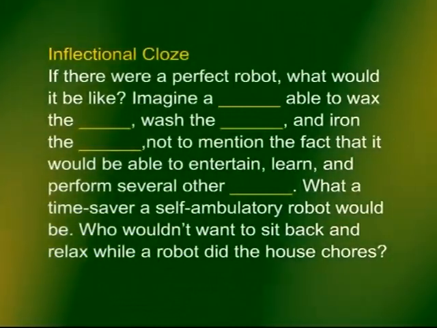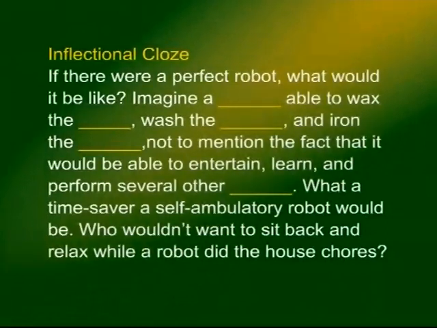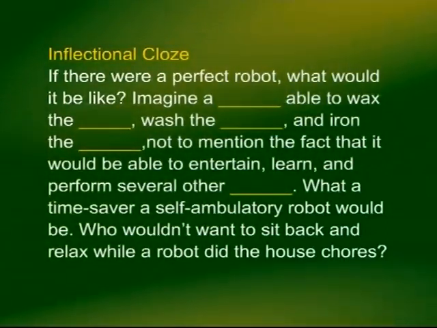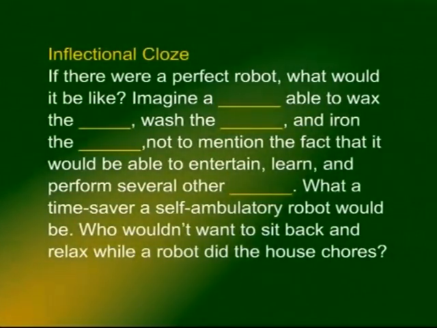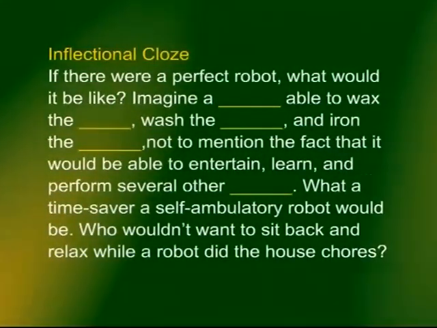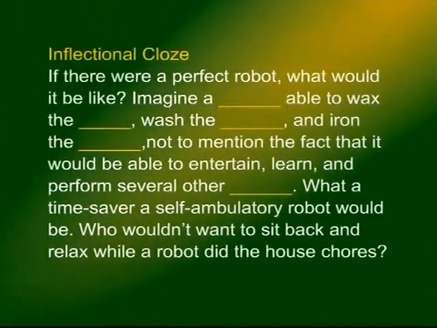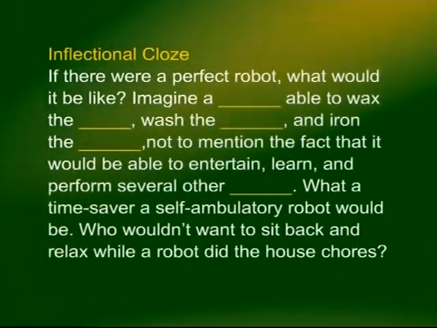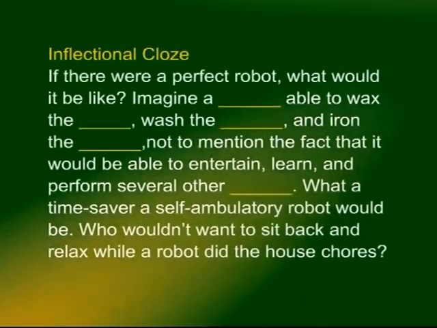So in this one, imagine a machine able to wax the car, wash the dish. Now, here the word dish is correct, but it's the wrong form. It has to be wash the dishes, and you will have to add es over there. And iron the clothes, you have to add the es over there.